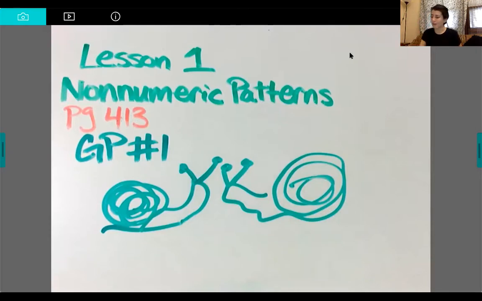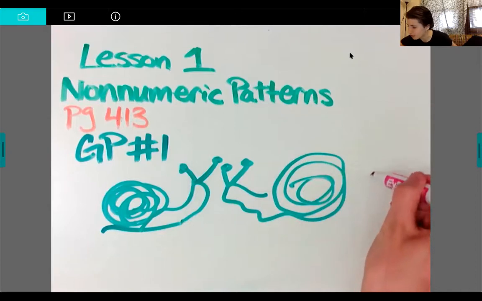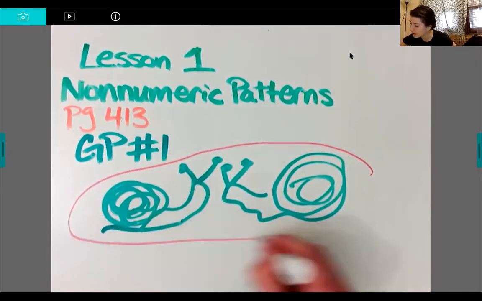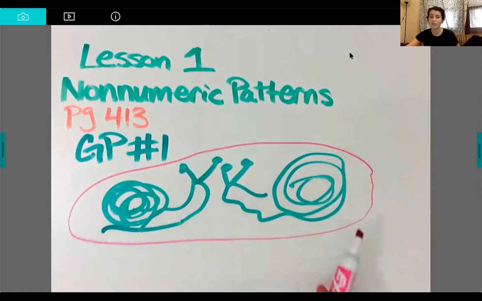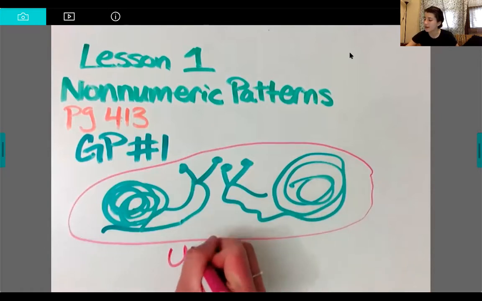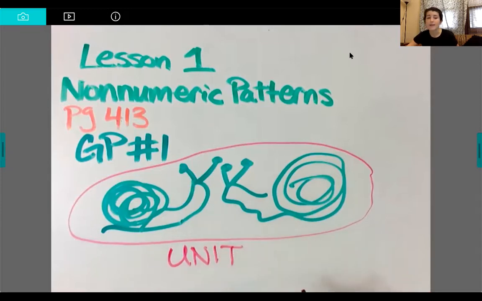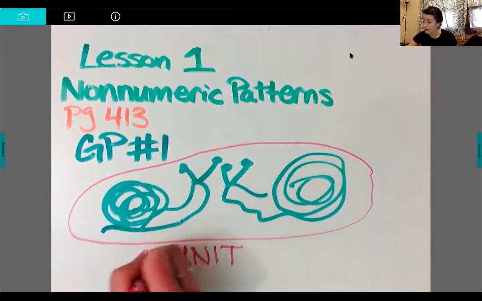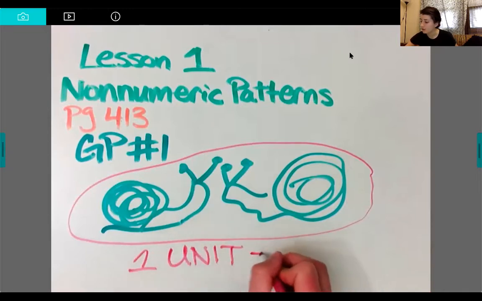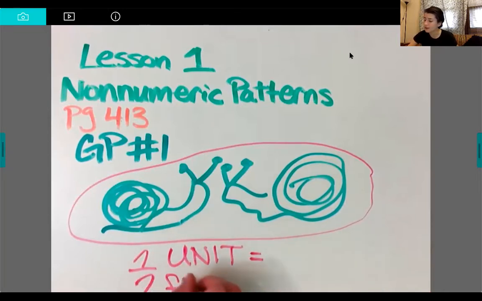Miss P took her pencil and she circled 2 snails, one that faces the right and one that faces the left. This is my unit. My unit contains 2 figures. 1 unit equals 2 figures.